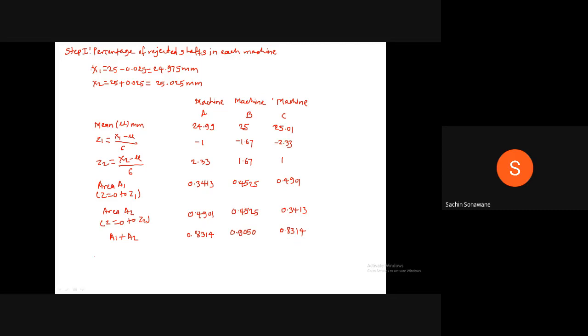Therefore percentage rejection is 1 minus A1 plus A2, into 100.